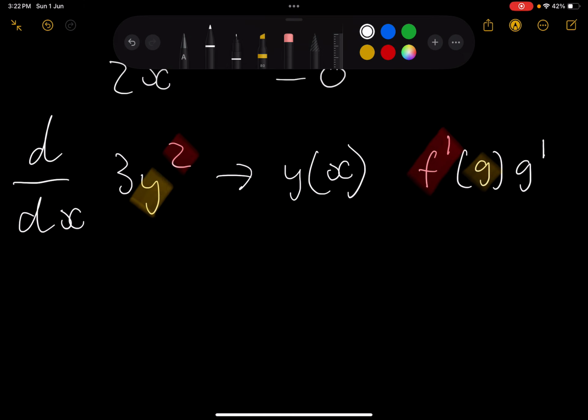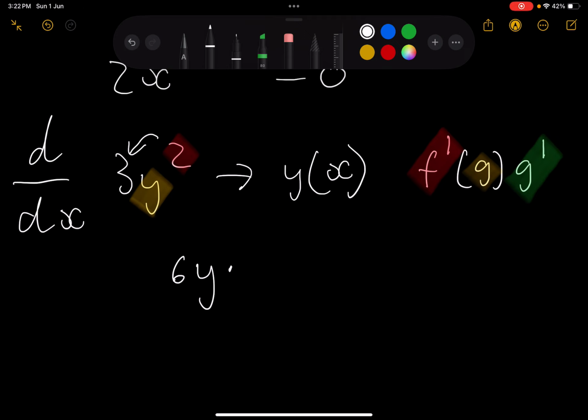Let's start off with this part first. For the derivative of the outer function, we just take our 2 down and multiply it by the constant, and 2 times 3 is 6. Now the inner function just stays the same, so it's 6y. Now, g prime over here is the last bit, which is the derivative of y.